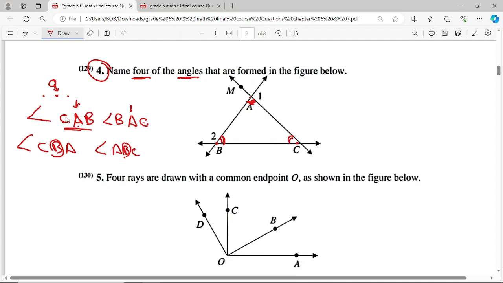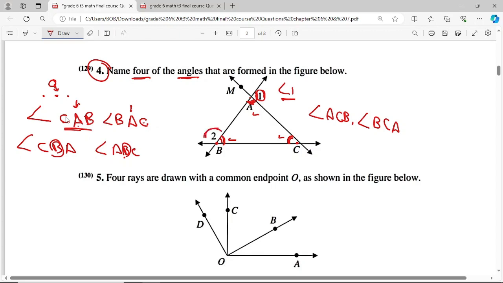Another angle here, for example, this one can be angle ACB or angle BCA. There's another angle. So now we have 3 angles. This is also an angle, but it's named with 1, so I can say angle 1.